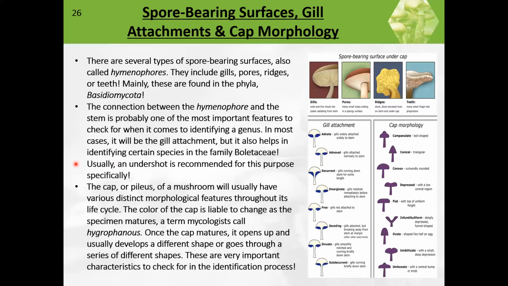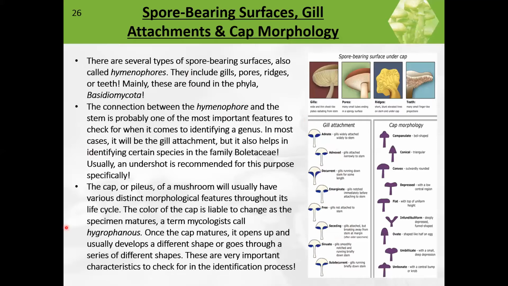So get up close photos and pick up as much detail as you can, because all these gill attachments you see right here are very important in figuring out which species or even which genus you have. A lot of times you probably won't even make it to species. If you can identify to genus, you can figure it out from there, hopefully.